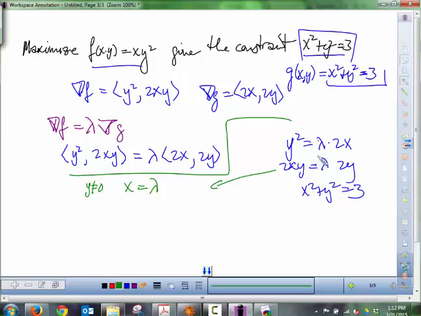And if x is equal to lambda, I can put that back into the first equation. y squared is equal to 2x squared. And if I know that, I can put that into the third equation: x squared plus y squared, which is 3x squared, is equal to 3.